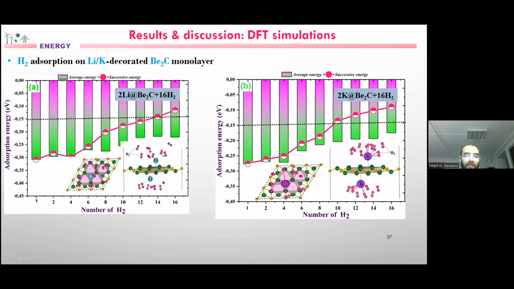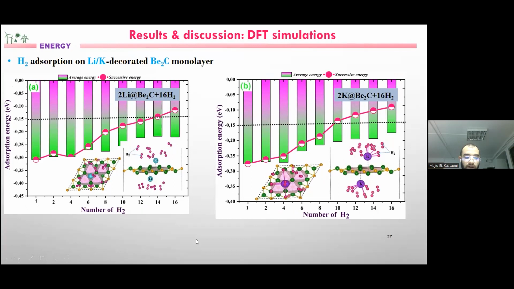Based on the average absorption energy and the successive energy, we conclude that both systems reach saturation at 16 H2 hydrogen molecules, with stable absorption energy and no structure deformation.